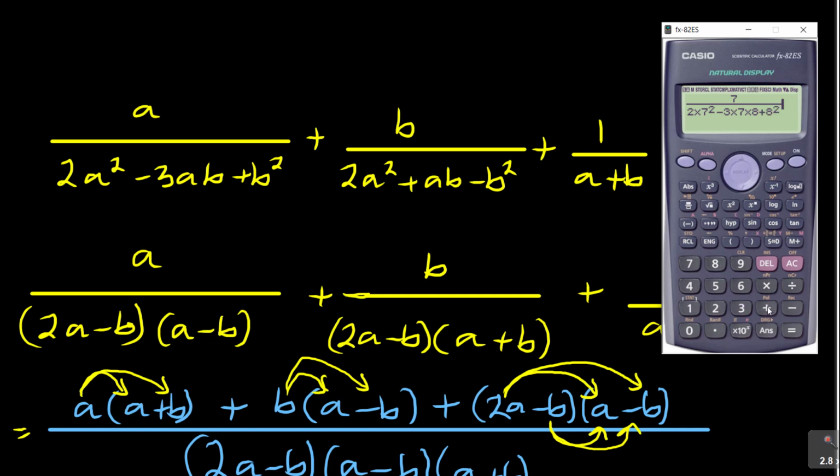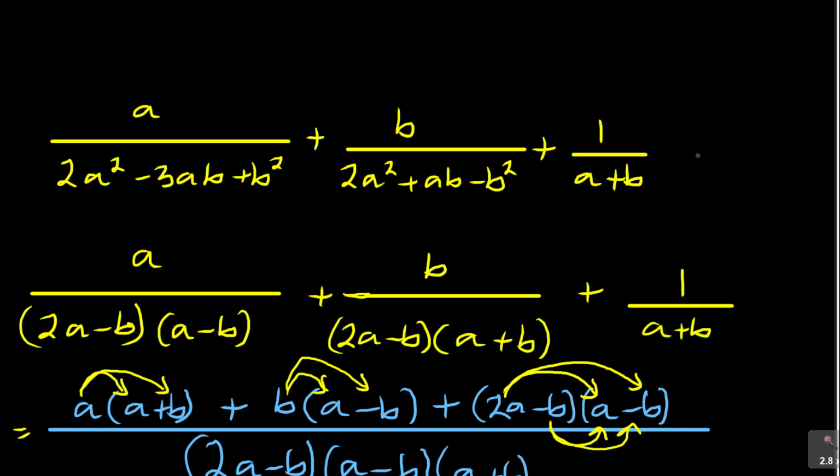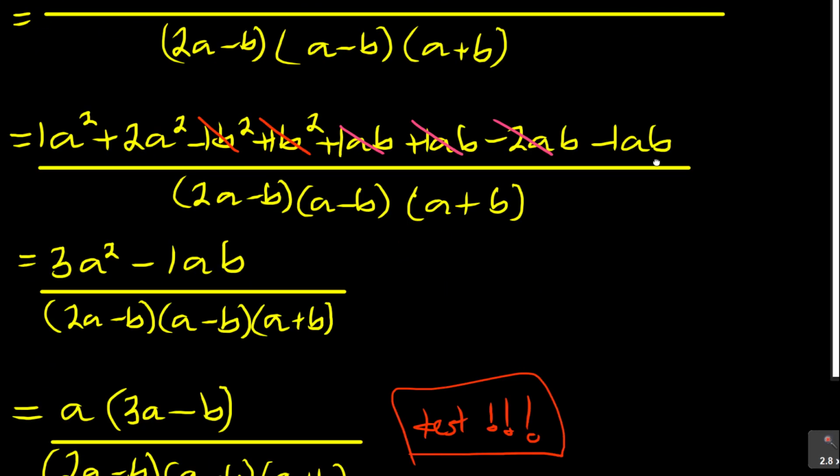The first one is done, plus, and then remember, b is 8, over 2 times 7 squared, plus ab, 7 times 8, minus b squared, which is 8 squared, and then plus 1 over a plus b, which is 7 plus 8. Then if you say equal to, there it is, negative 91 over 90. So I'm also getting here minus 91 over 90.